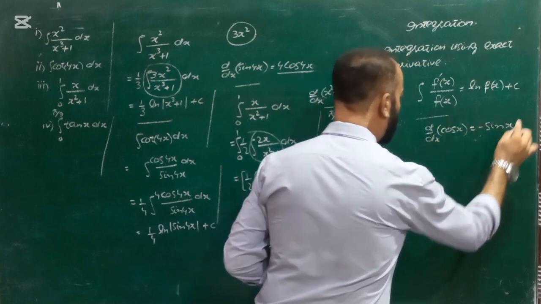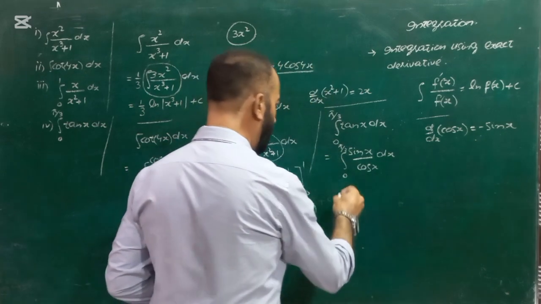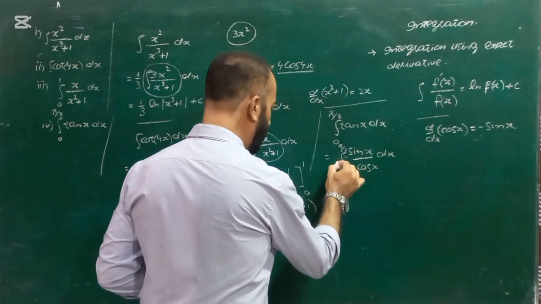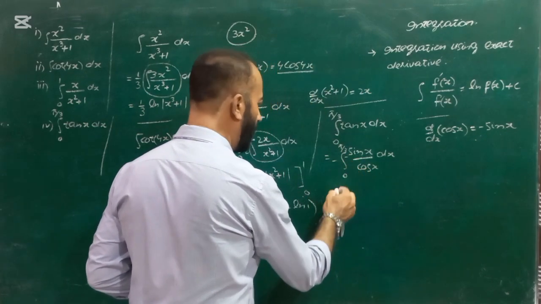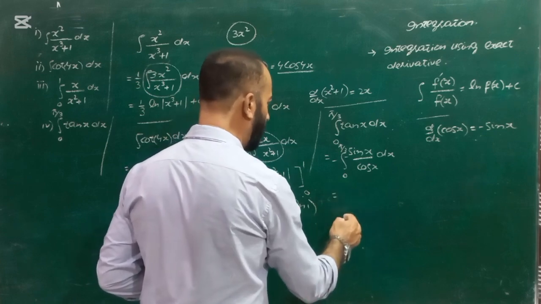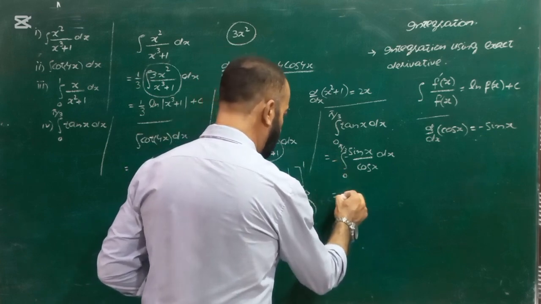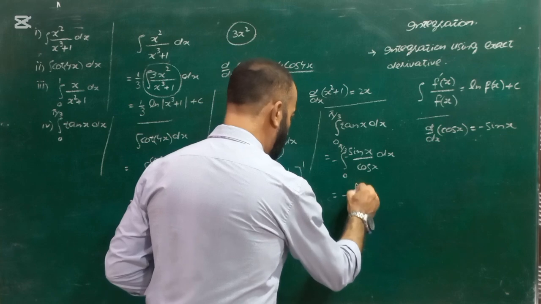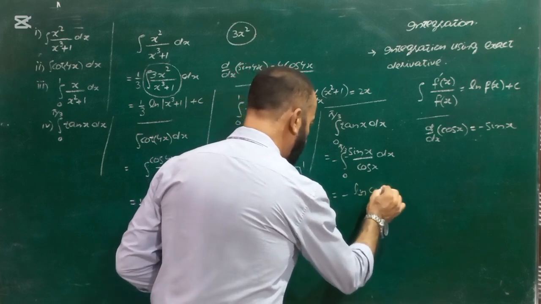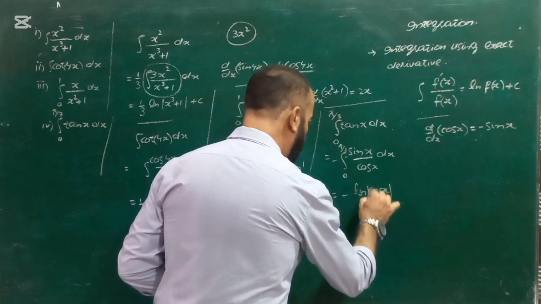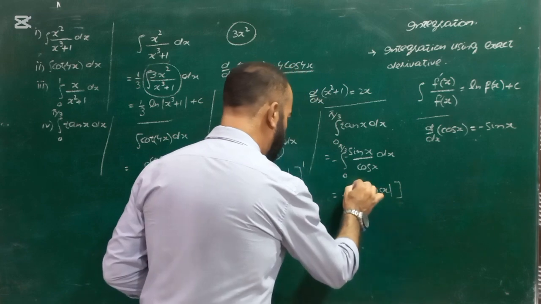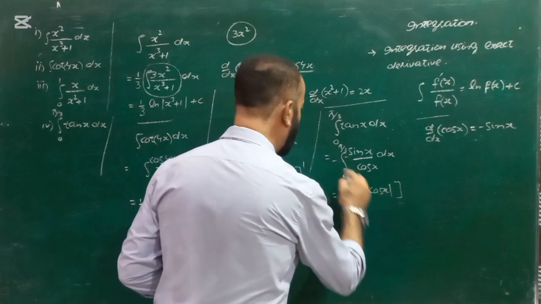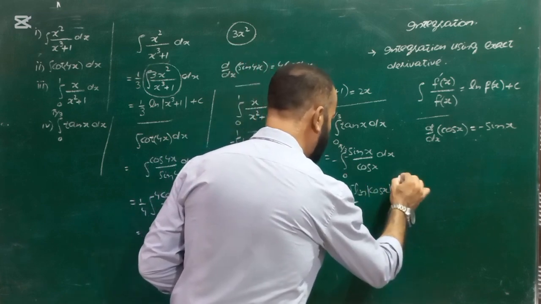So the only thing that is missing in the numerator is the minus sign. So we will put minus here and here 2 times so that it may cancel the effect of each other. So now this minus sign will remain as it is, and natural log of cos x is the answer, and limit is there, that is 0 to pi by 3.